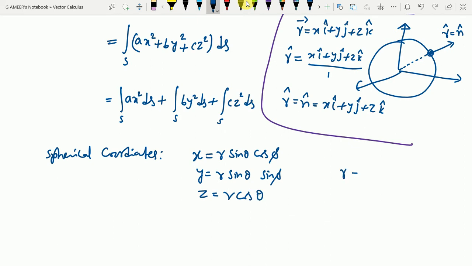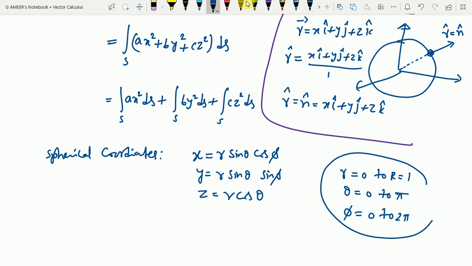Here r goes from 0 to the radius, which in this problem is 1. Then theta will be 0 to 180 degrees, that is pi. Then phi will be 0 to 2 pi, that is 360 degrees. So these are important for us.